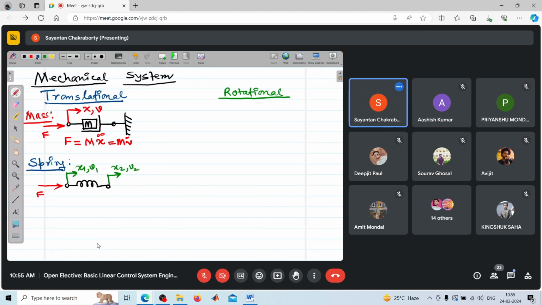Then we can write this F as k times (x1 minus x2), where x is the relative displacement between these two points, or an integration of velocity. And finally we can have a damper element.